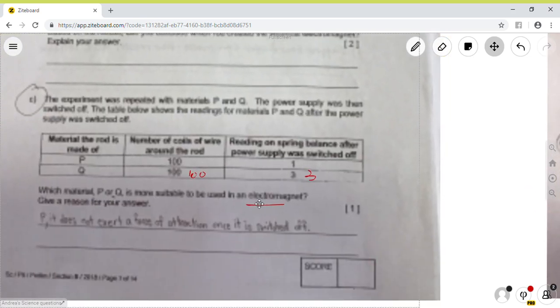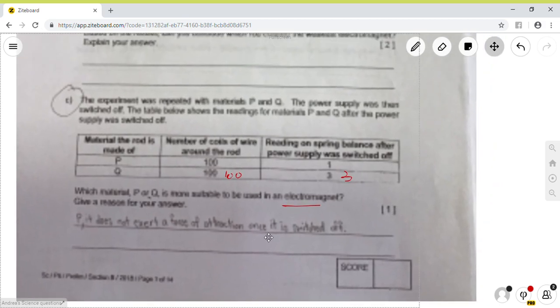P does not exert a force of attraction once it is switched off. The lesser the better, so we should choose P. P is the correct option to choose. It's more suitable.